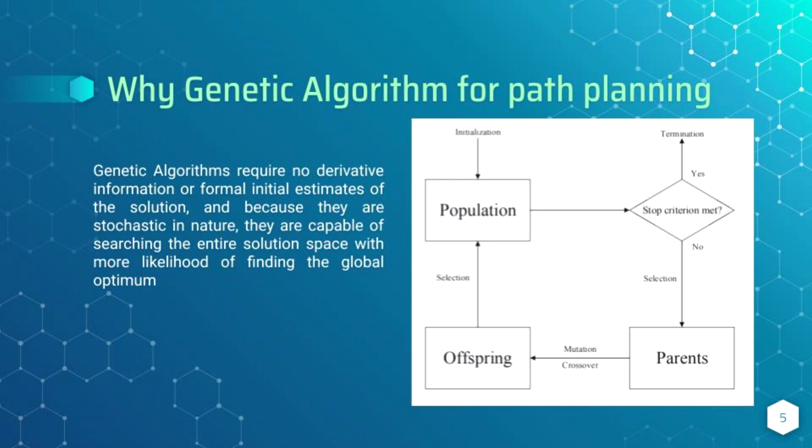So the initial statements required in genetic algorithms are quite few, and because they are stochastic in nature, they are capable of searching the entire solution space with more likelihood of finding the global optimum. Another strength of genetic algorithms lies in the cooperative use of different genetic operators like selection, crossover and mutation, about which we'll be learning very soon.